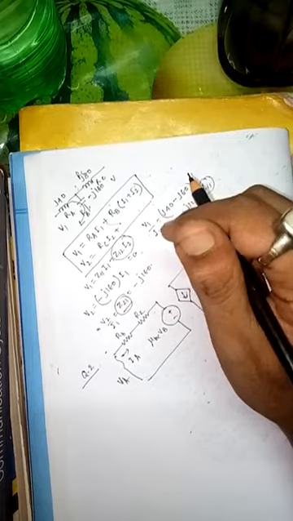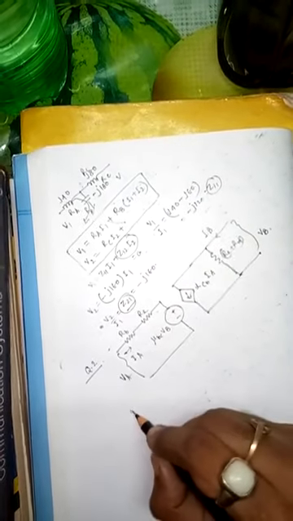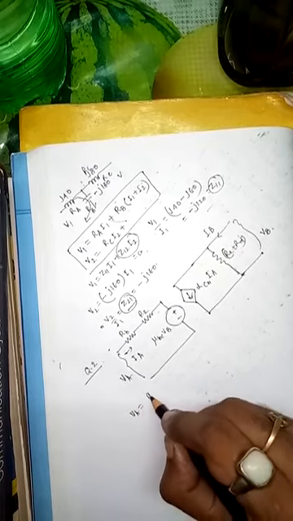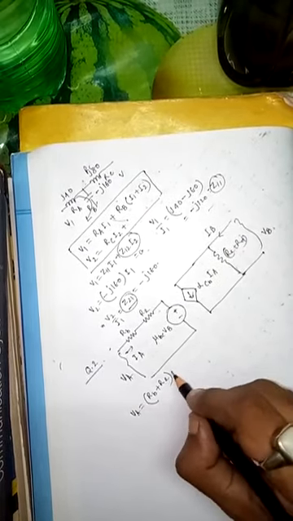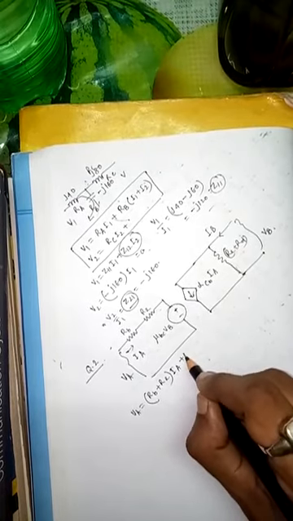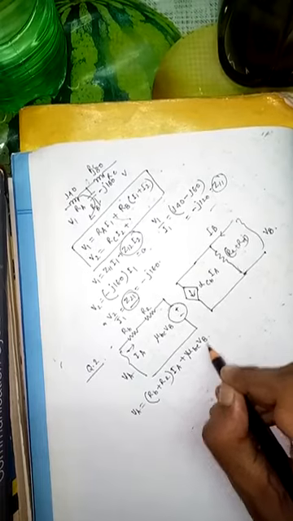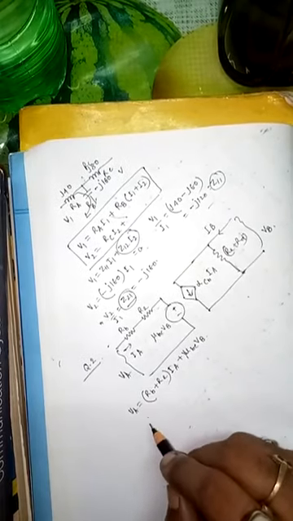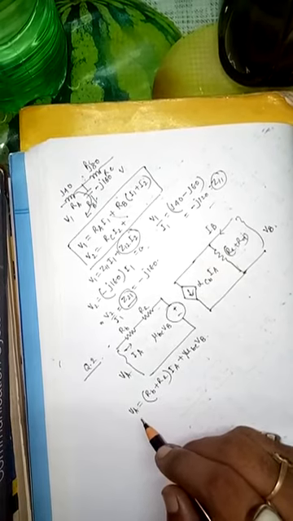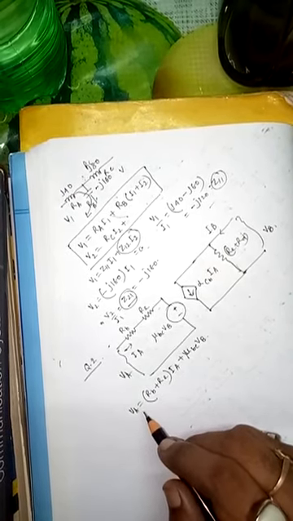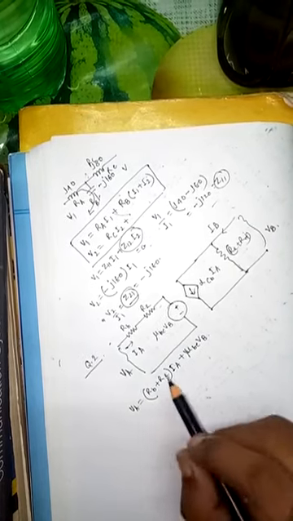If you consider the first equation, the first loop, you can write VA equals RB plus RE within bracket multiplied by IA plus mu BC into VB. Now for the second case, we apply KCL at the output port.